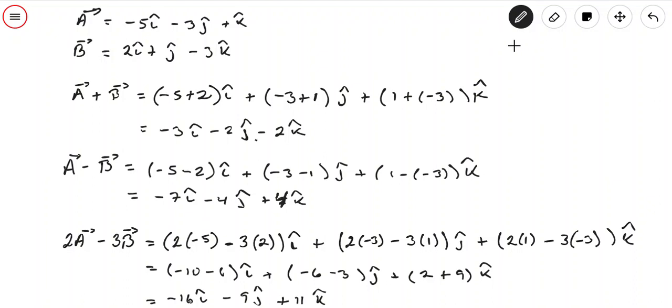The next exercise is an exercise where they give us a vector and they ask you to find the unit vector that is parallel to the given vector.